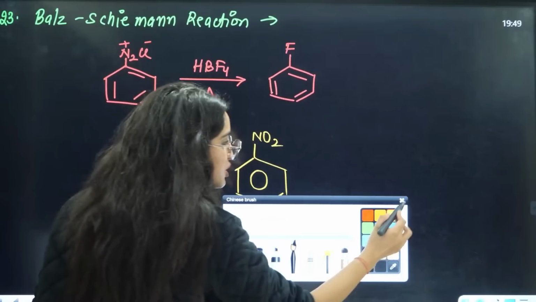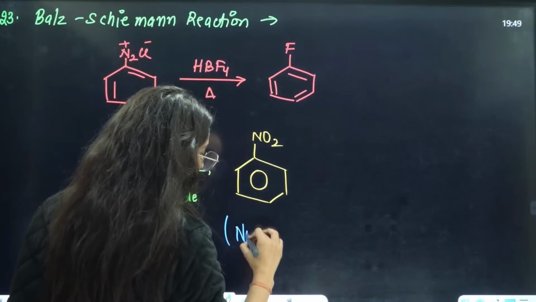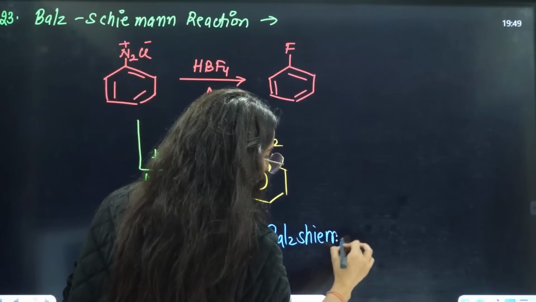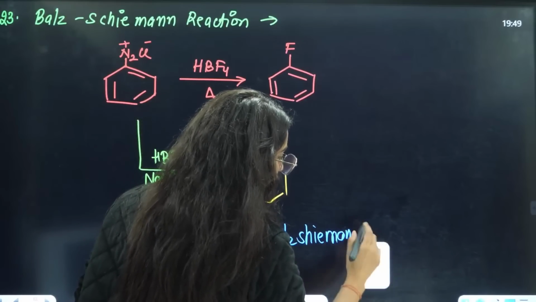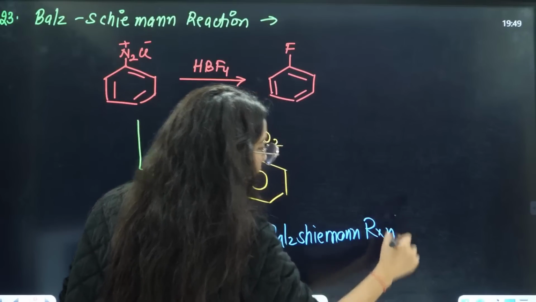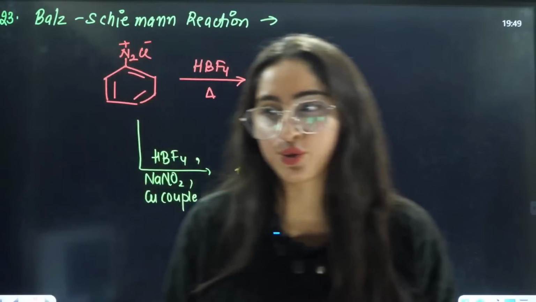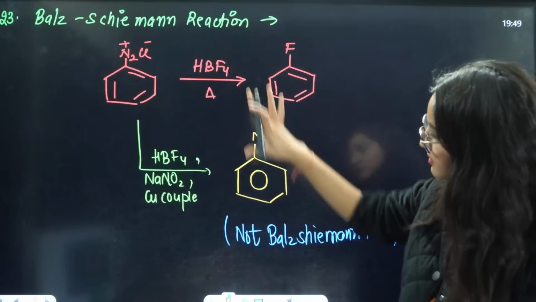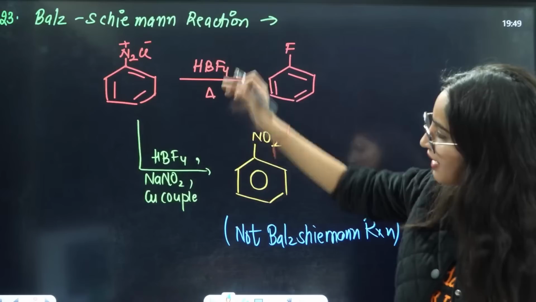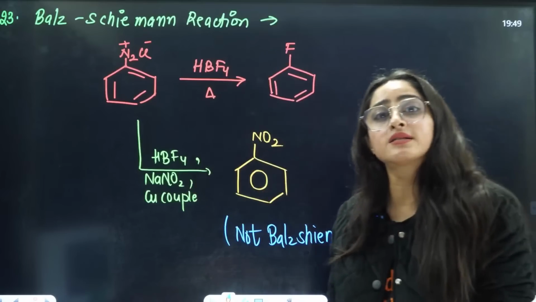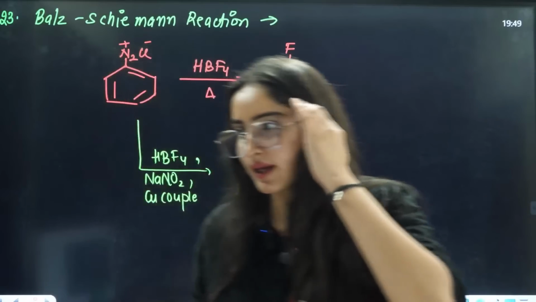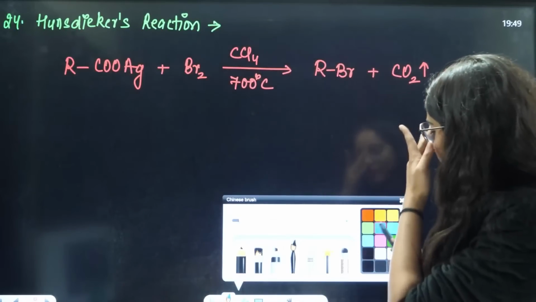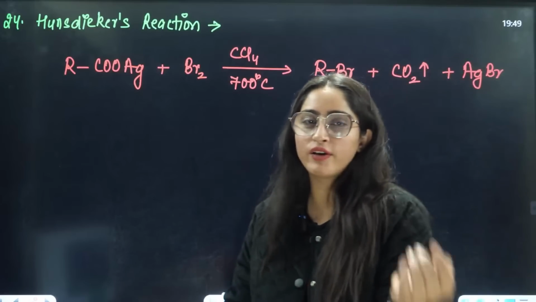This is not Balz-Schiemann reaction. But this question also can be asked to you. Okay, understood? This is Balz-Schiemann. This is not Balz-Schiemann. But one step ahead we can form nitrobenzene as well. Right? From the same thing. Super tricks? Yes.